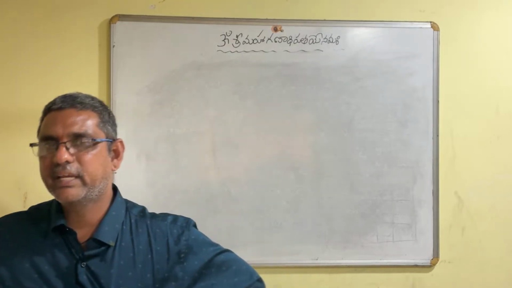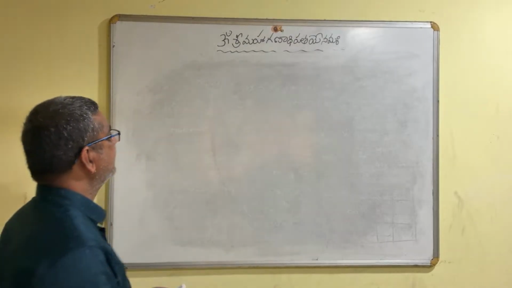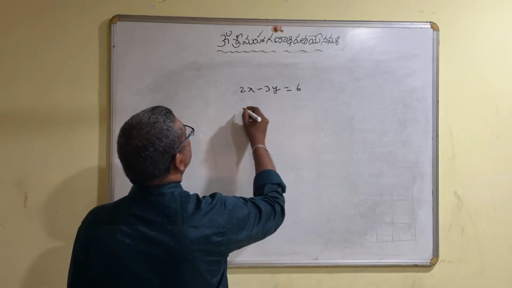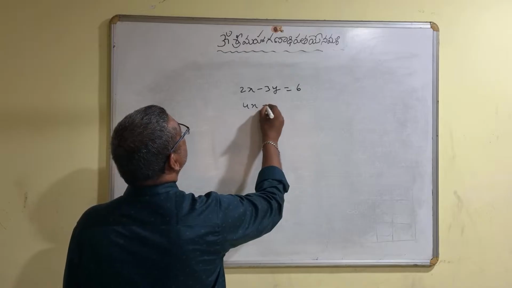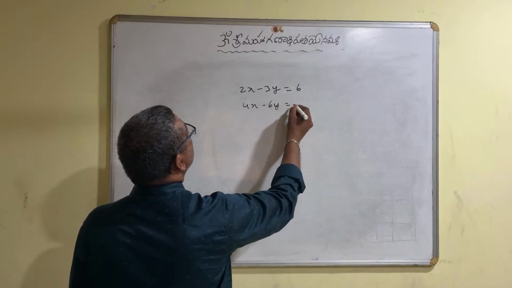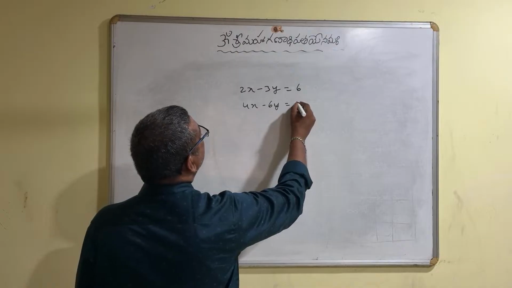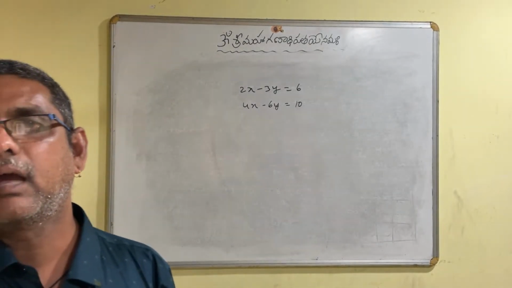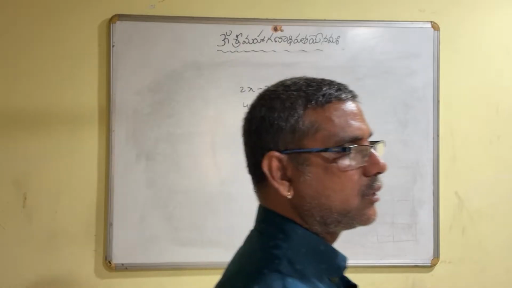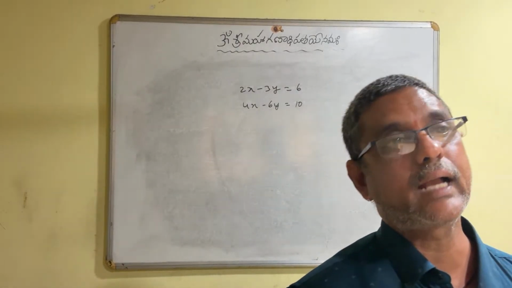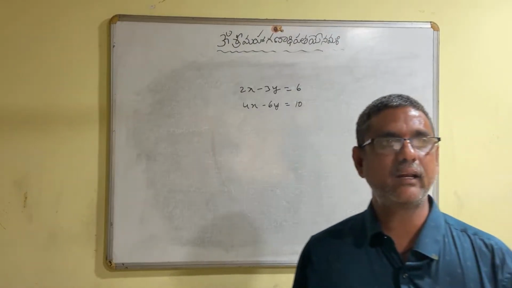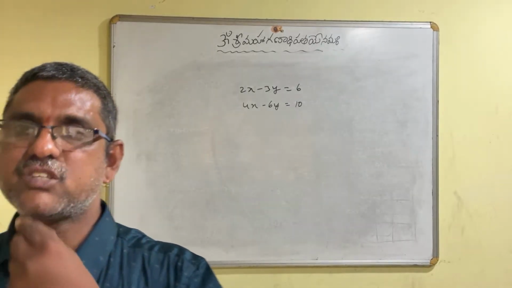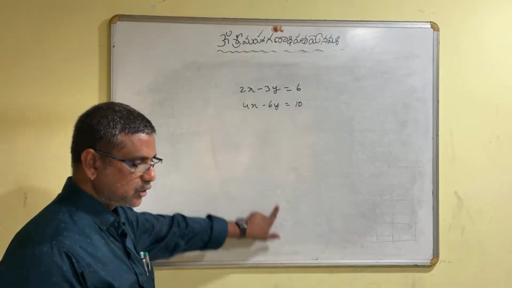Yeah. Actually, suppose a pair is given to you like this, and I asked you to find out the common solution for this pair using a graph. This is my question.